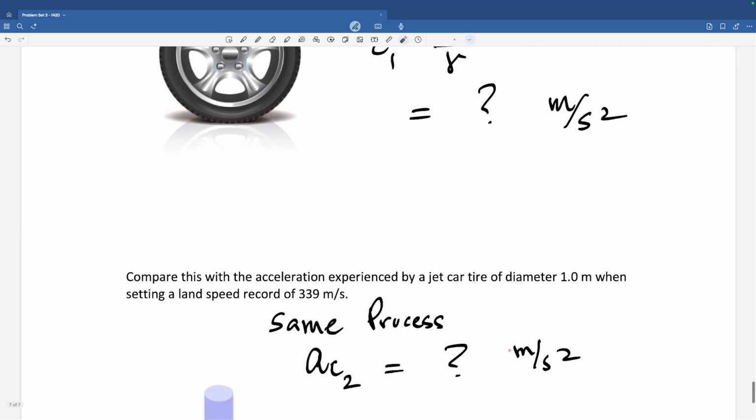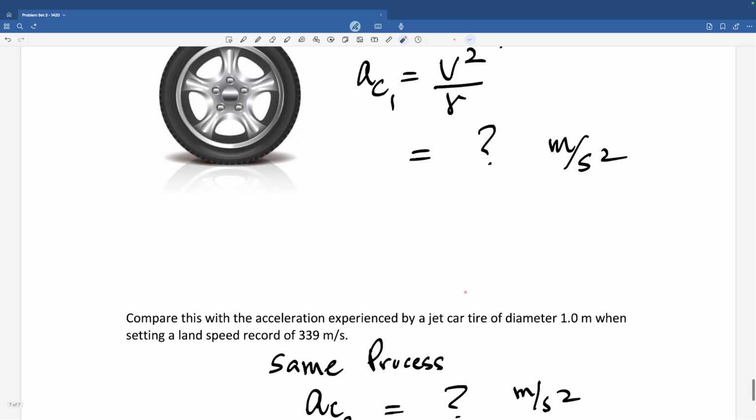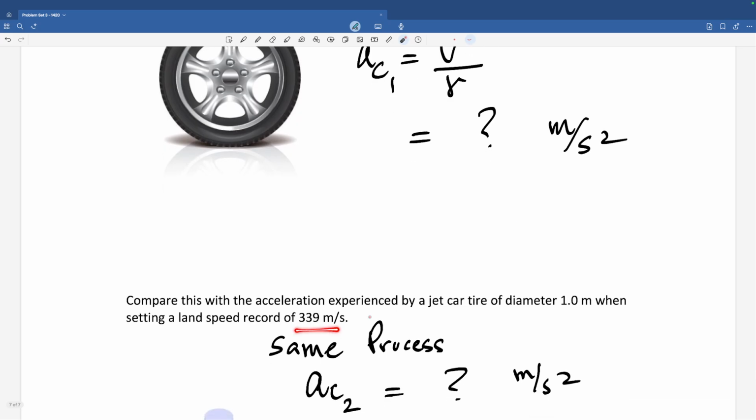And then this says, compare this with the acceleration experienced by a jet car tire of 1.0 meter diameter, but moving at 339 meter per second. So that's a jet tire, so it's moving faster. It's the same process, same formula, except you're using this velocity and half of this as the radius.